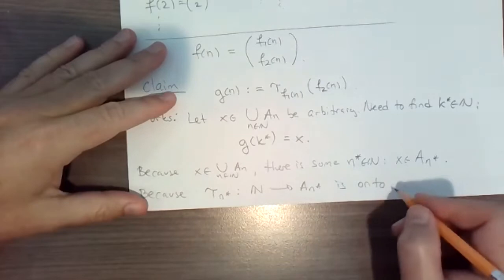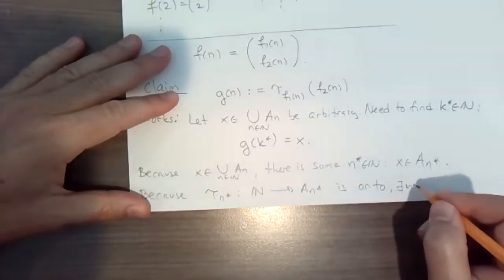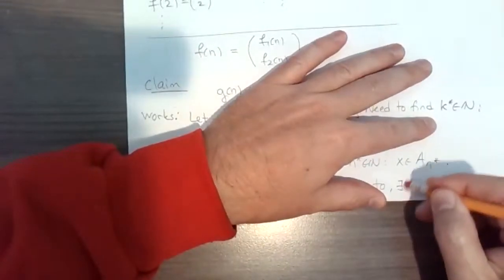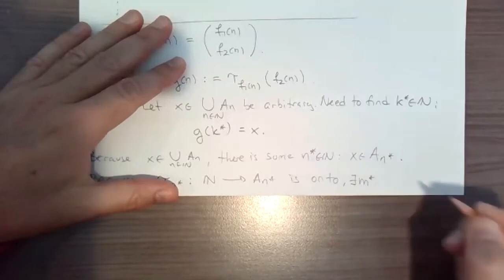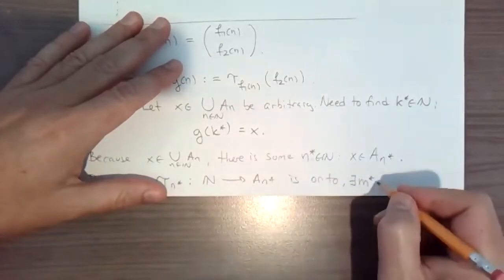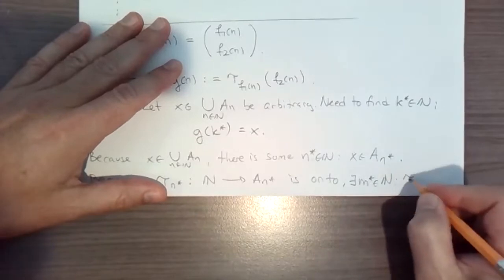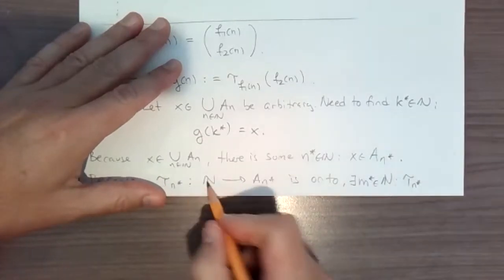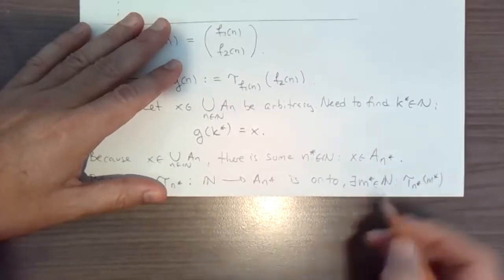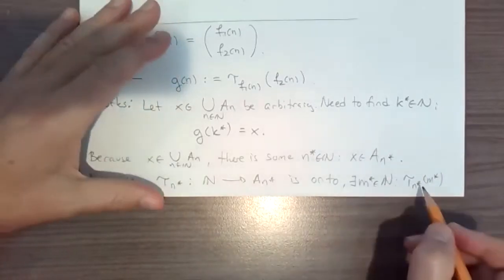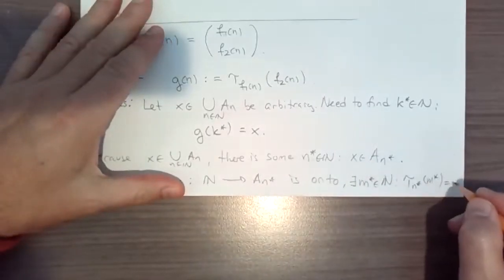Because this is onto, there exists a point, let's call it m star, in the domain such that when I take tau n star and plug in m star, I get exactly x.